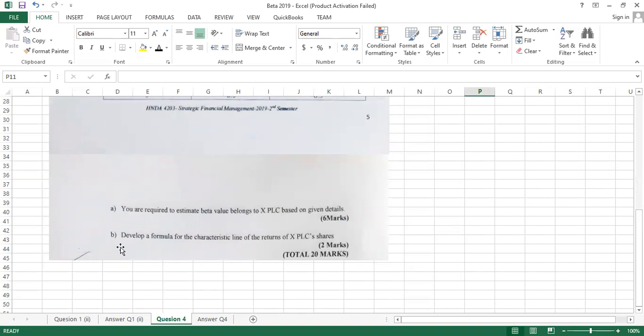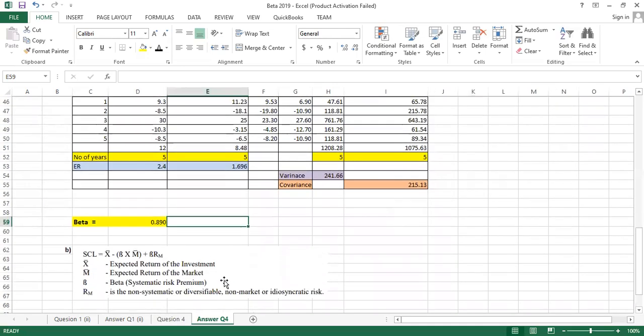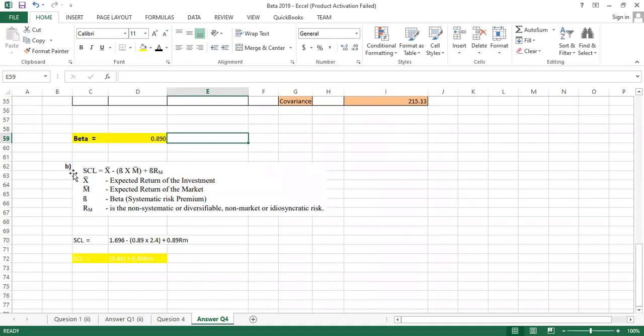They ask, develop a formula for the characteristic line of the return of XPLC shares. So this is the formula to calculate the characteristic line. Characteristic line equals x bar minus, open the bracket, beta multiplied by m bar, close the bracket, plus beta Rm.